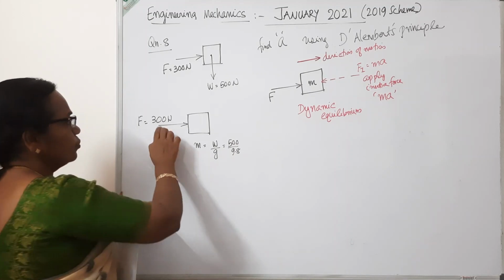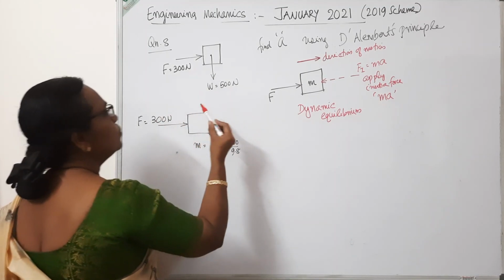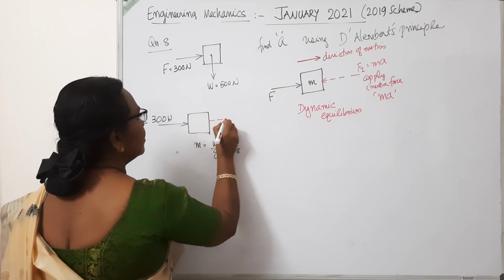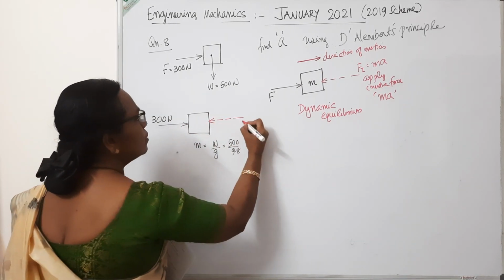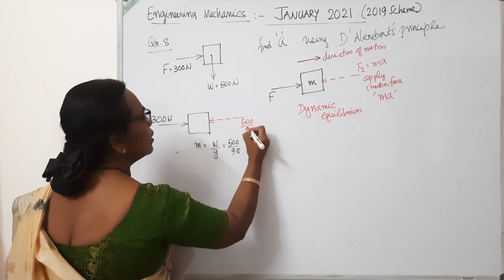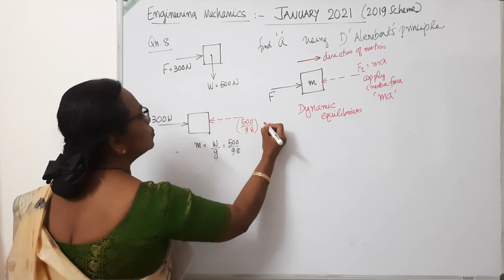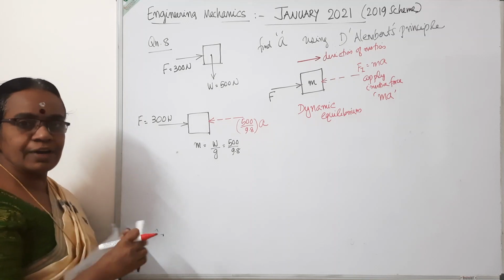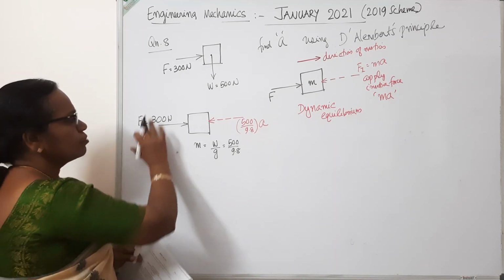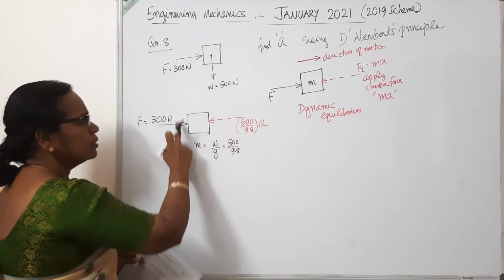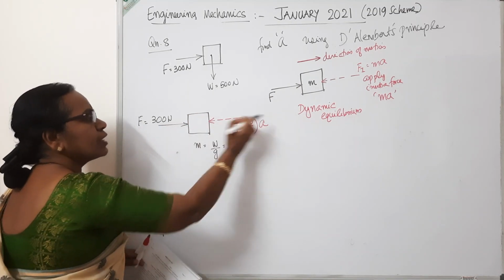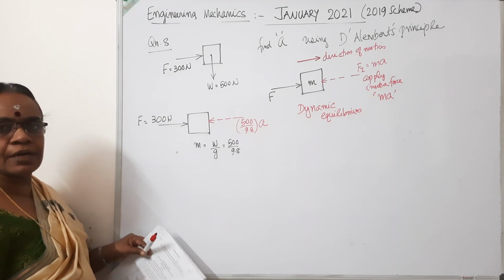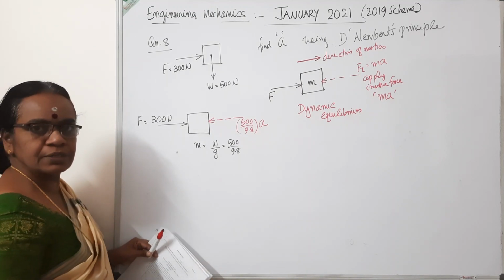So along with F and W, you apply inertia force opposite to the direction. What should be the inertia force? Mass into acceleration, 500 by 9.8 into A. We don't know the value of A. Now you can forget about the rest of the problem. The mass is subjected to 300 Newton from this side, and we apply an inertia force 500 by 9.8 into A in the opposite direction.